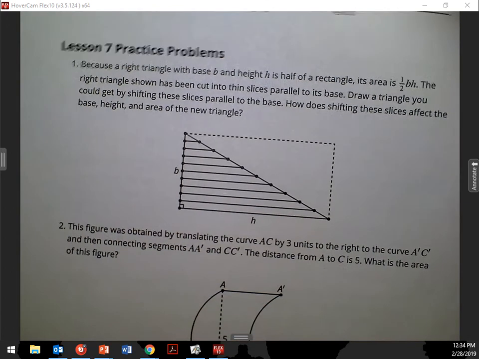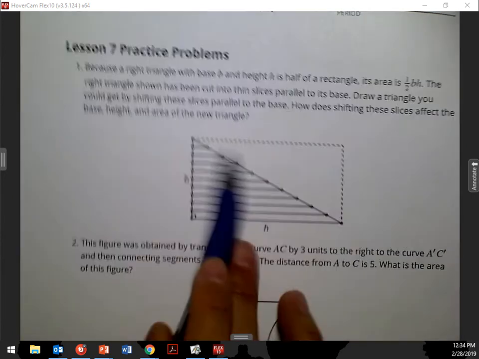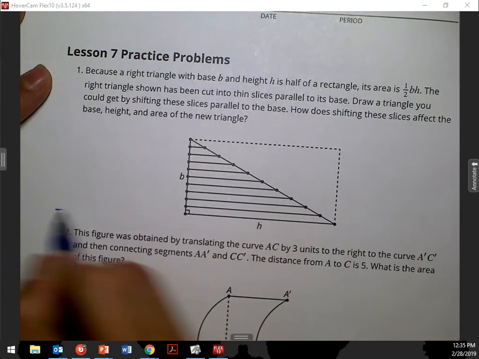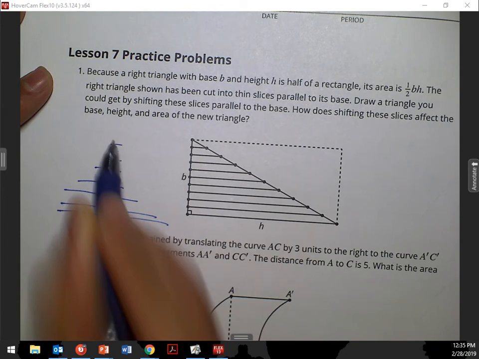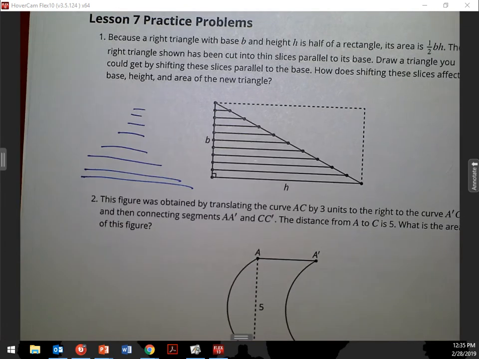So, basically, in theory, what if I redo it and just shift it like that? It doesn't affect it. Remember Cavalieri's principle when we talked about the stack of coins? If I slide that stack of coins to the right or to the left, is that going to change the volume?